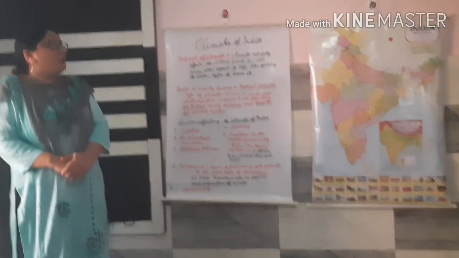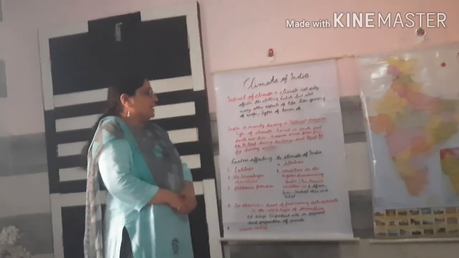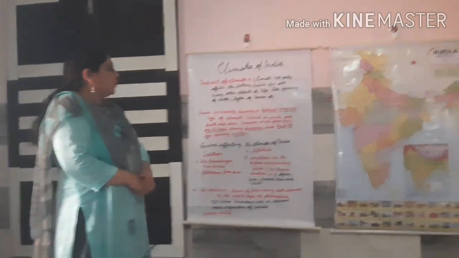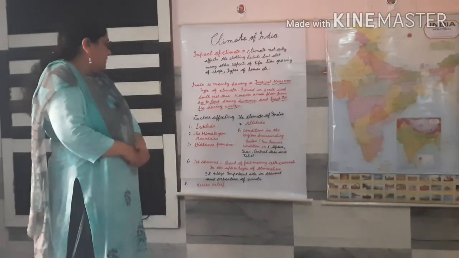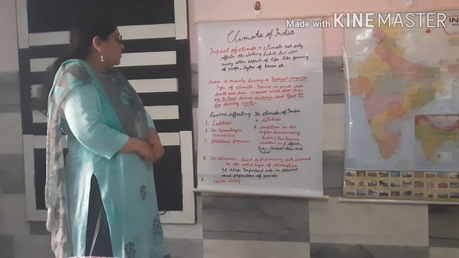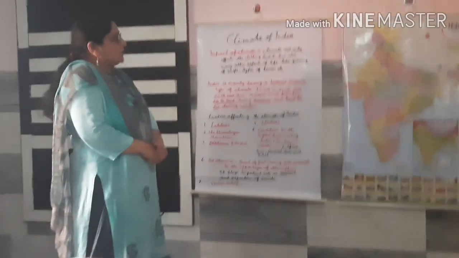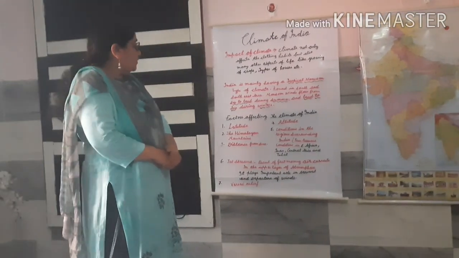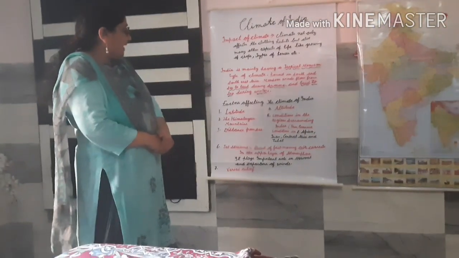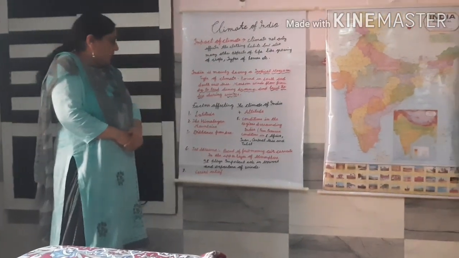If there were no Himalayas, then our country would be a cold desert like the Siberian desert, because behind the Himalayas, the Siberian desert is there. The cold and chilly winds would enter our country, and then our country would also be a cold desert.